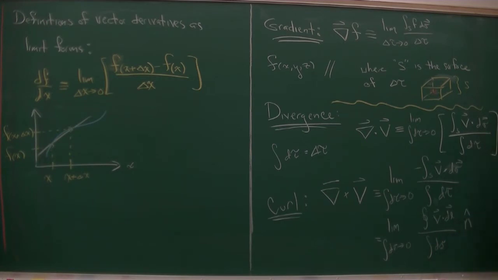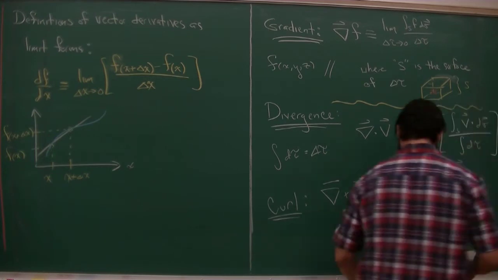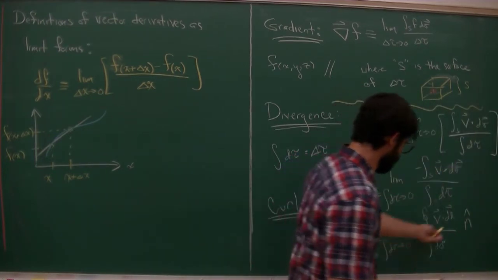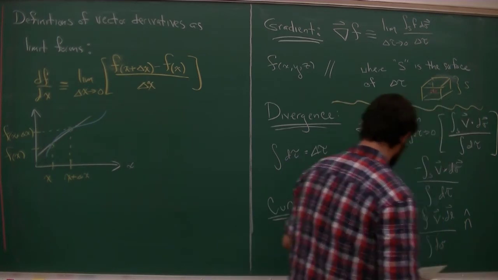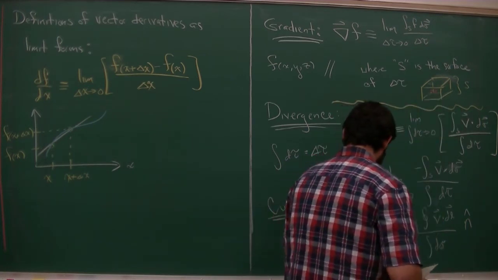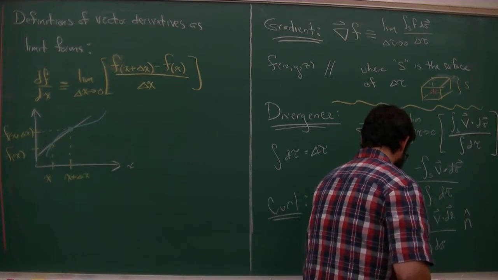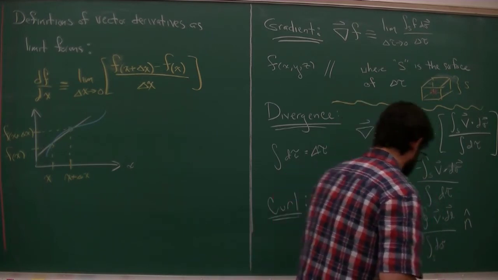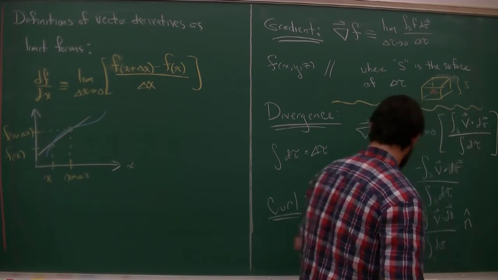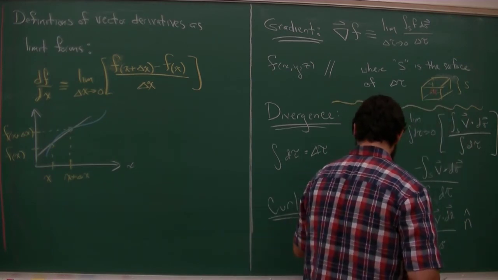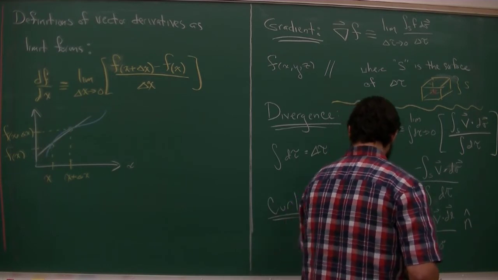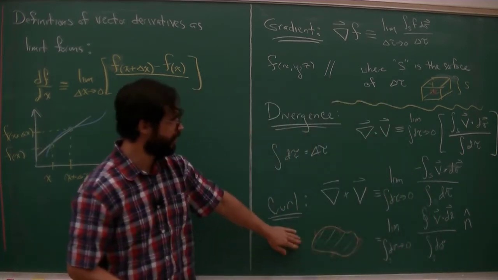I got to put a normal vector in. And now we don't have volume and a surface anymore. I've got to tell you what this L and this sigma are. So now I have a surface, S, and then this is a closed contour around that surface. And again, if you know Stokes' theorem, you see Stokes' theorem right there.